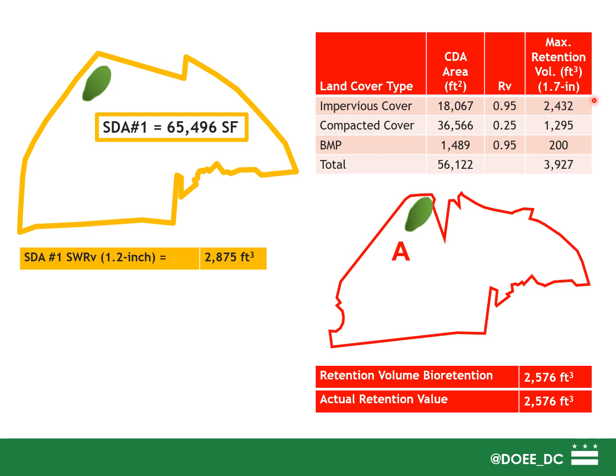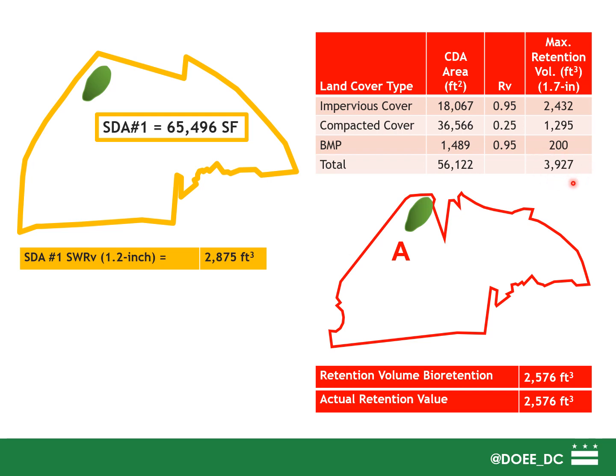Anything bigger than that we consider to be a larger storm that might bypass or isn't eligible for the treatment. So the 1.7 inch is the maximum retention. For each of these land areas in the CDA to bioretention A, we can add up and find the 3,927 cubic feet that is possible.